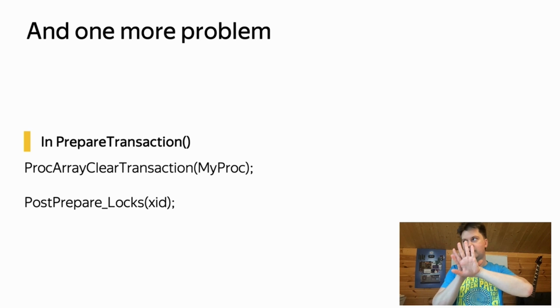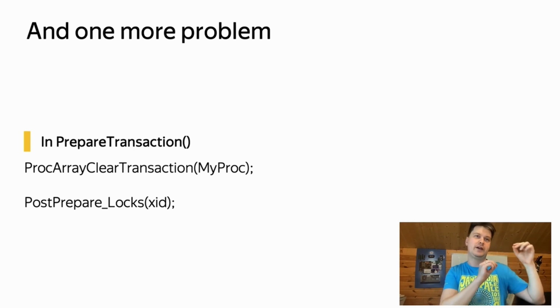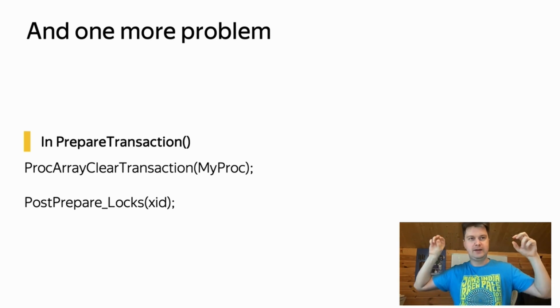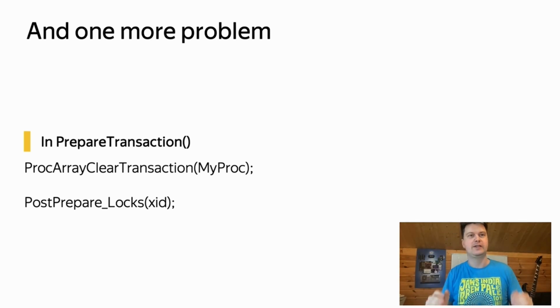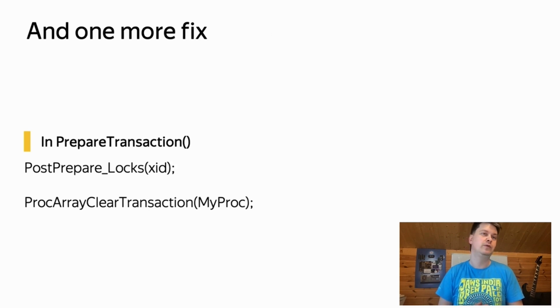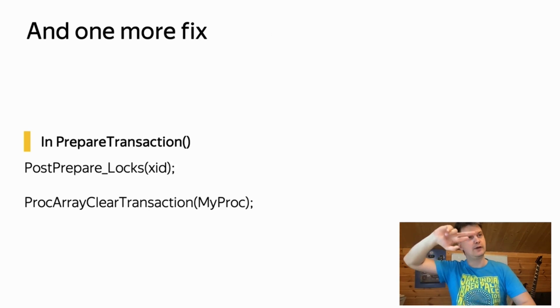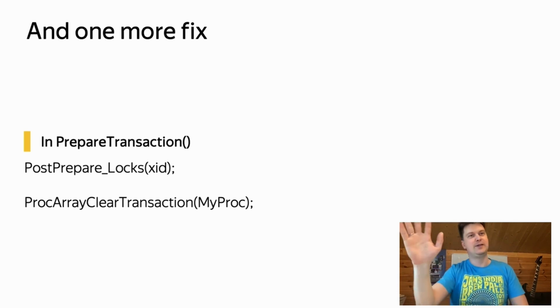There are other backends, by the way, between them. And in the code of prepared transactions, we were first clearing the transaction's locks and then adding these locks to the prepared transaction. So there was a moment when locks were not held by any transaction. And this was easy to fix. We just flipped lines of the code in prepared transactions, and this finally solved the problem of tests.